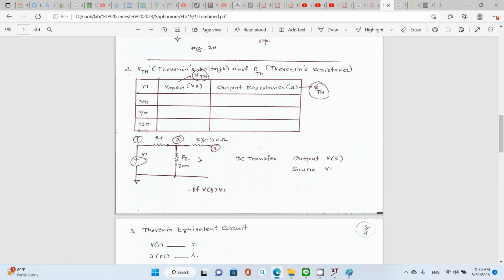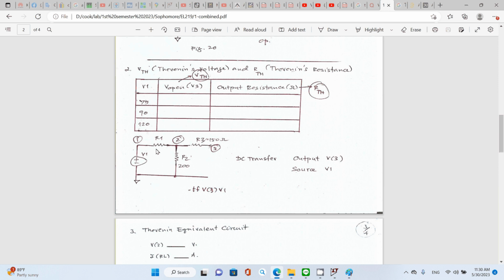So what you can do, you remove your external device, and then this is what you have left over. You can do this by calculating by hand if you want to. If you look for the voltage at node number 2, which is the V open, that's the same as the V at node number 3.